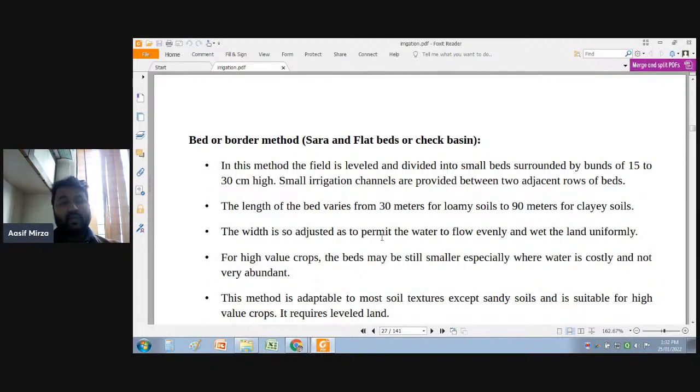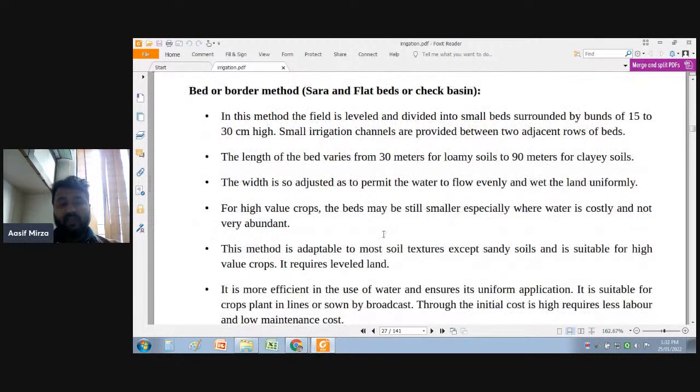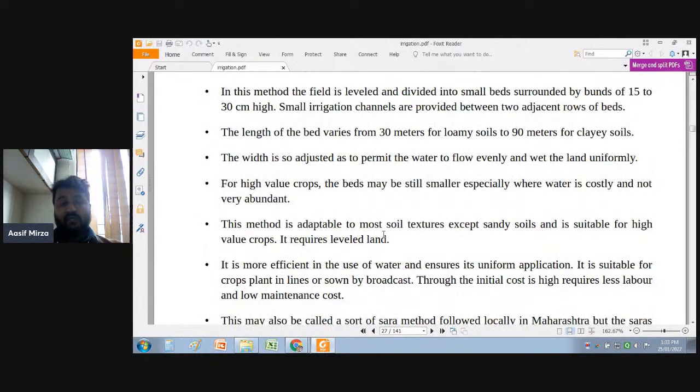It requires level land. As you can see here, this method is very similar to the previous method we have seen, but in this method we can cover more area and do proper irrigation. It is more efficient if you compare it with the previous method, more efficient in the use of water, and ensures its uniform application.